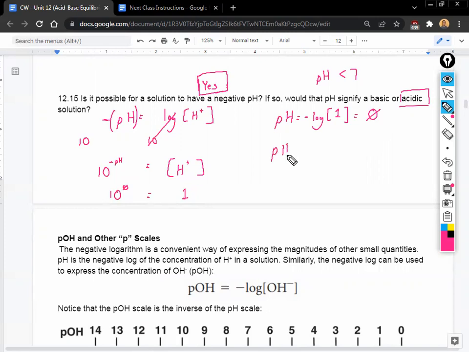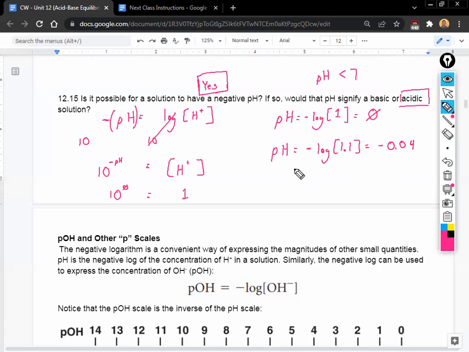Now, you guys can punch this into a calculator for me. If I have a solution where the concentration of H plus is 1.1, what is the pH? Calculator. Yeah, negative 0.04, right? Okay, so you see that since we have a logarithm, we can get a negative pH, right?